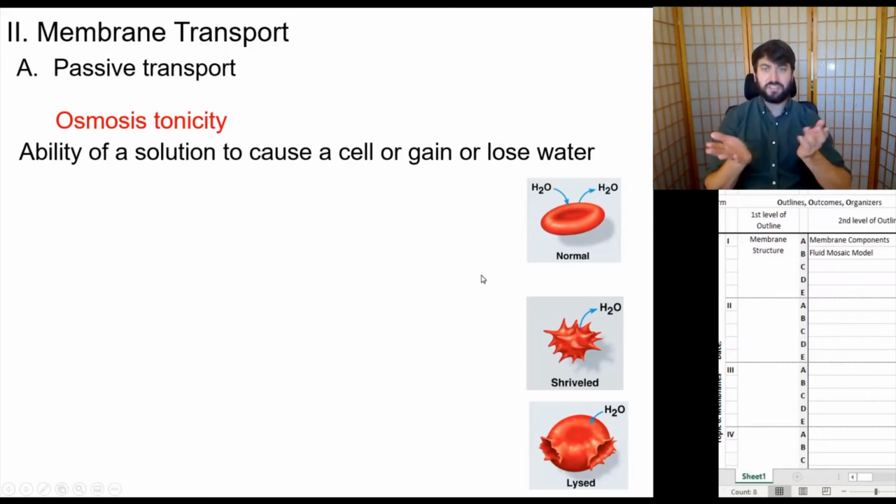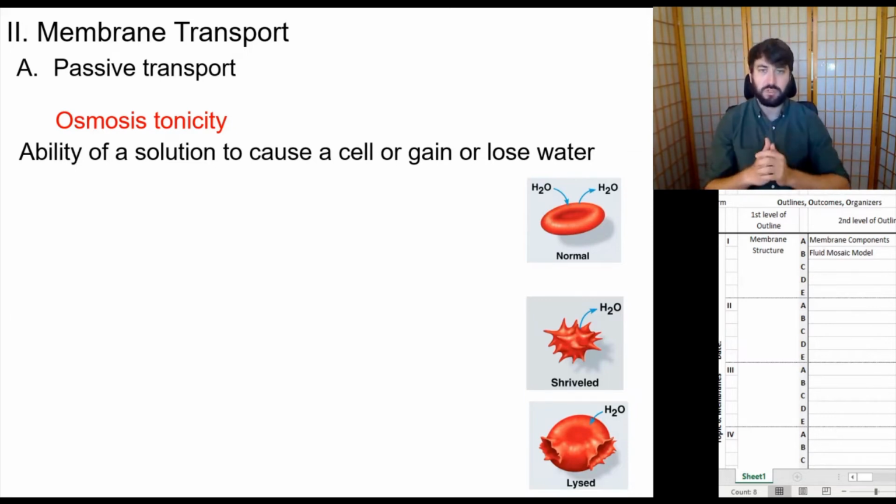Now, this leads us to the concept of osmotic tonicity, which is basically the ability of a solution to gain or lose water by how much relative solute it contains.